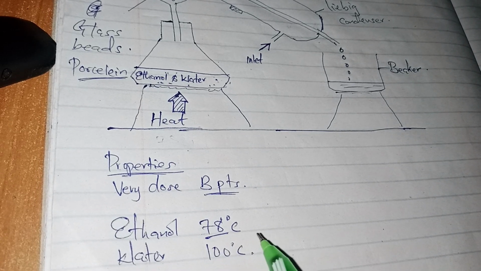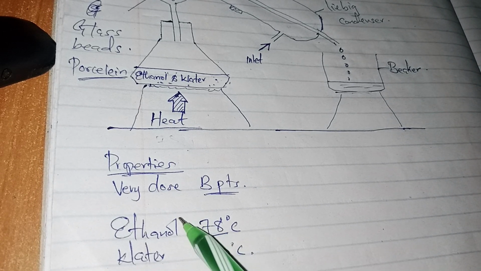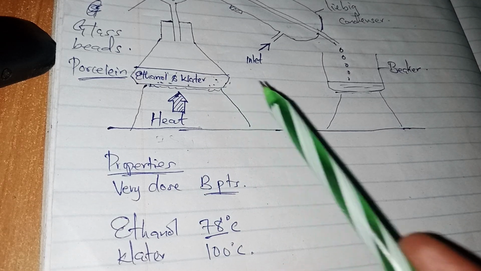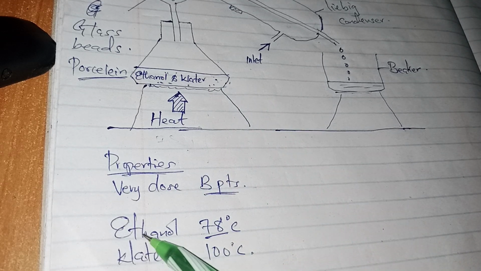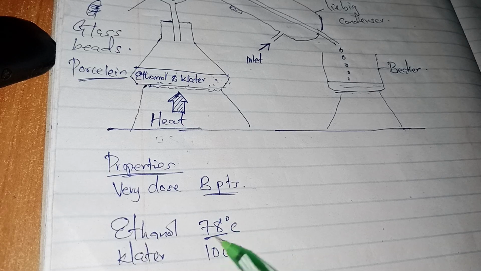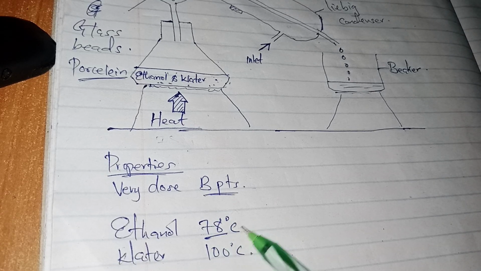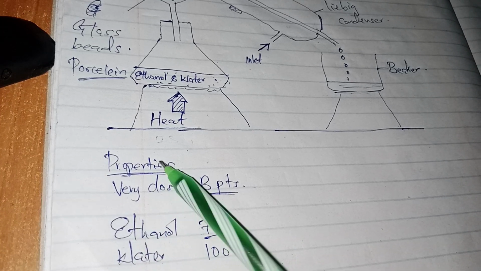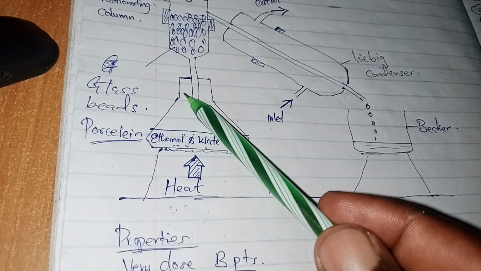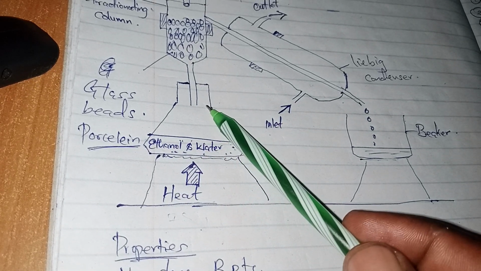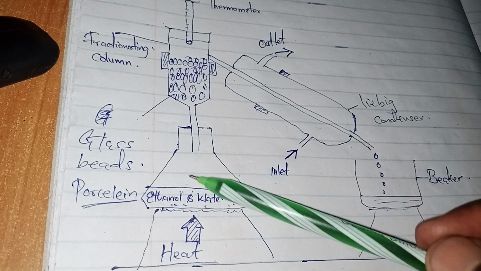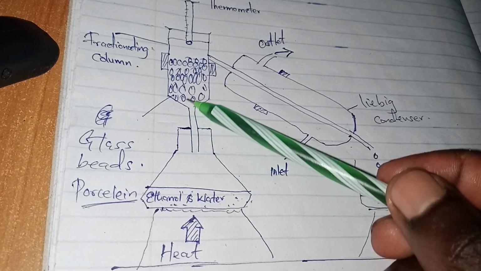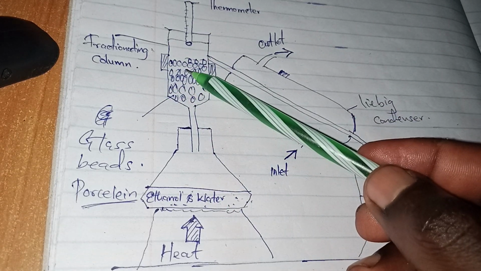Meaning, when you start increasing the temperature of that mixture of ethanol and water, a temperature of 78 will be reached first. Therefore, we start forming vapors, and these vapors rise and enter the fractionating column.